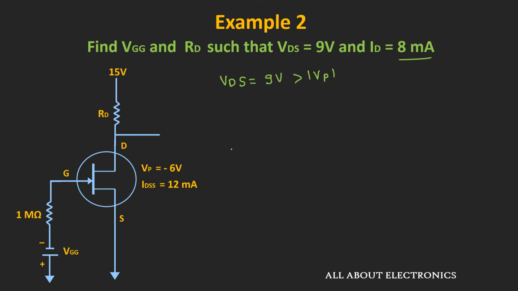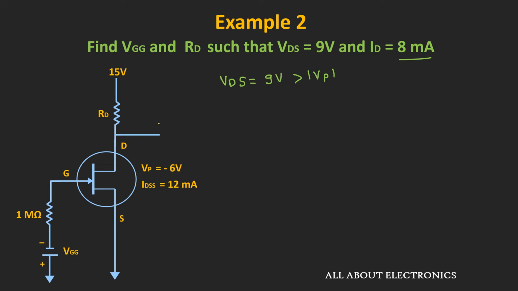So even if we assume the value of VGG as 0 volt, in that condition also the circuit is operating in the saturation region because this voltage VDS is already greater than this voltage VP. That means whenever this voltage VDS is equal to 9 volt, then this JFET will work in the saturation region. So for this circuit, let us find out the value of voltage VGG and the resistor RD.